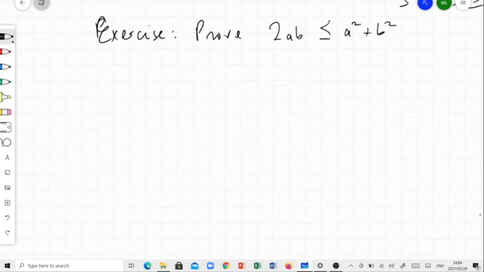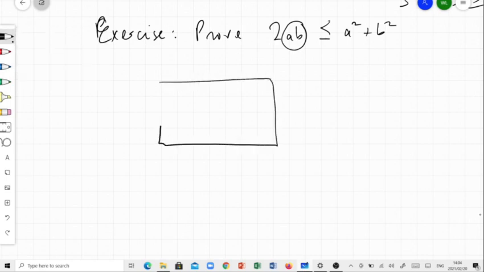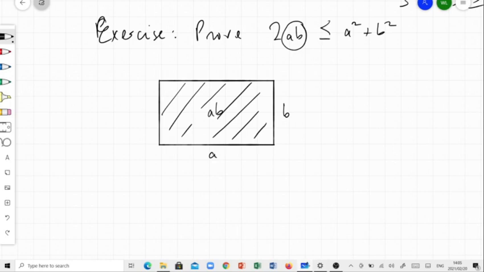Now, one way to visualize this is, whenever you see a product like AB, you can always visualize this as a rectangle of dimension A and B. The product AB is going to give you nothing but the area. So I double up this area, so the area now doubles up like this.